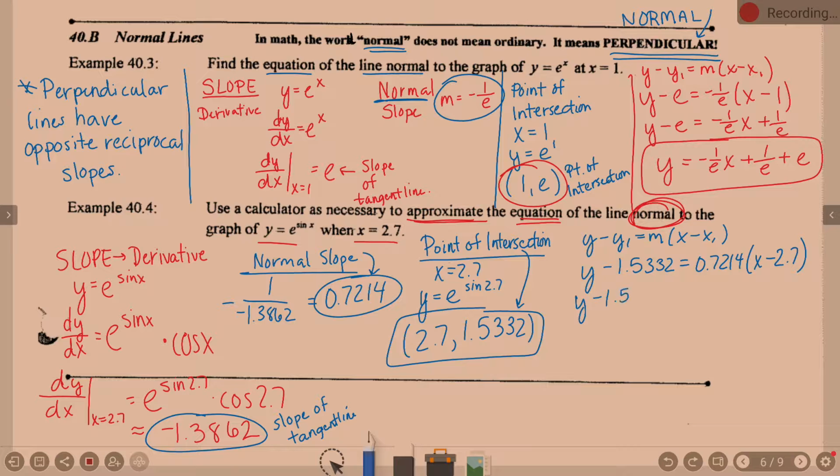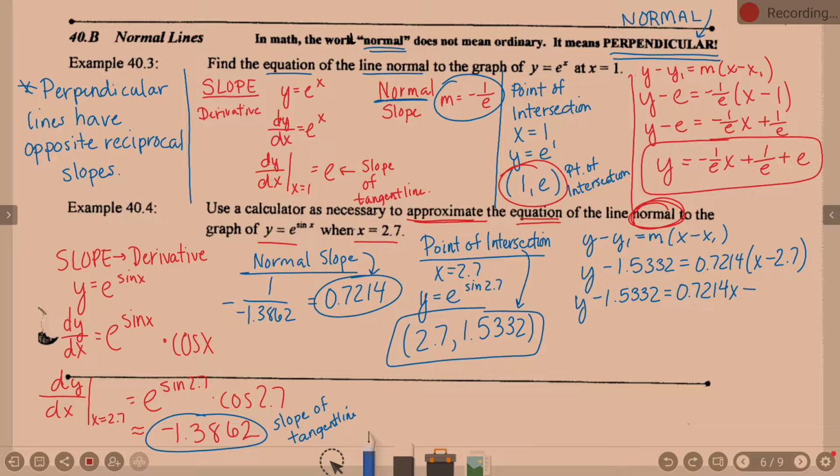Y minus 1.5332 equals 0.7214x minus, what'd you say? 1.161. Not what I've written down. I got like negative 1.94778.